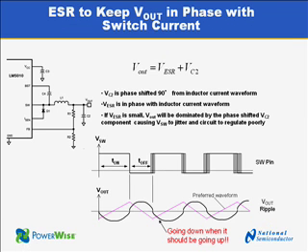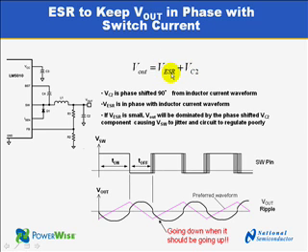So what happens if the ESR of the output capacitor is too small? From the slide before, we learned that the output voltage ripple is dependent on an ESR related voltage and a capacitance related voltage. This capacitance related voltage is phase shifted 90 degrees from the inductor current waveform.